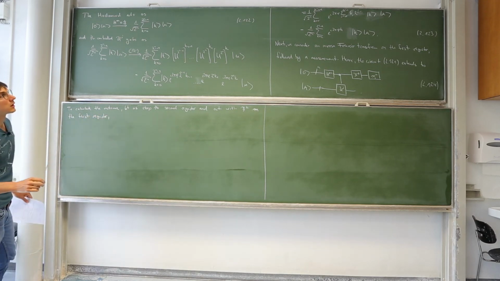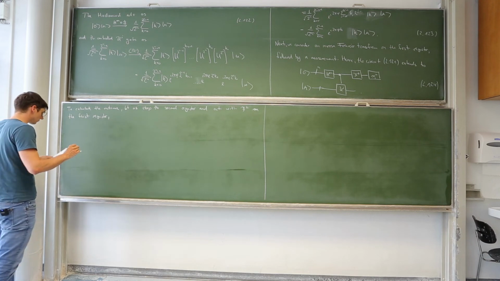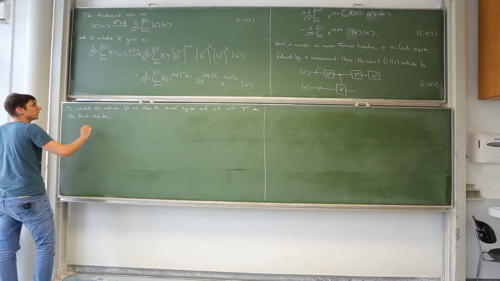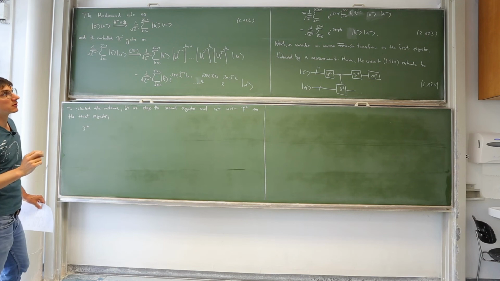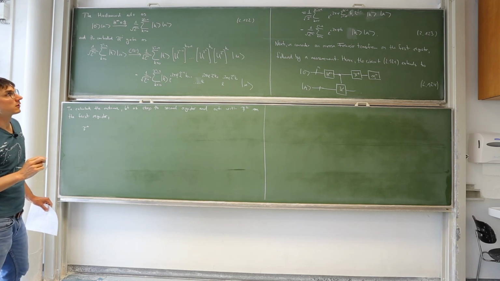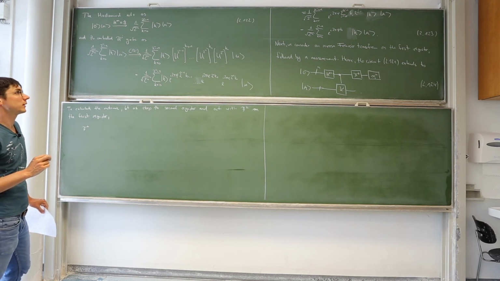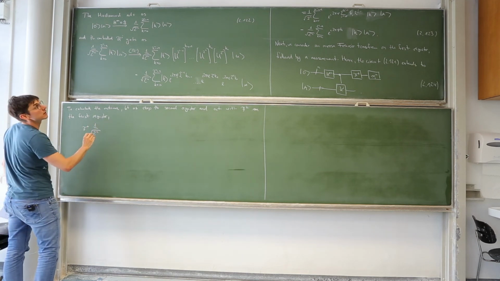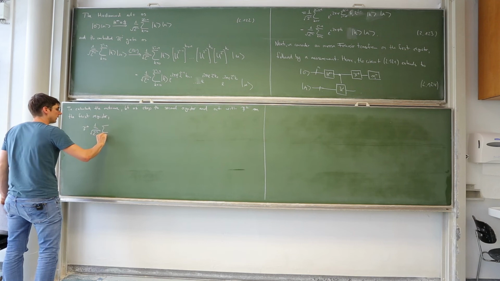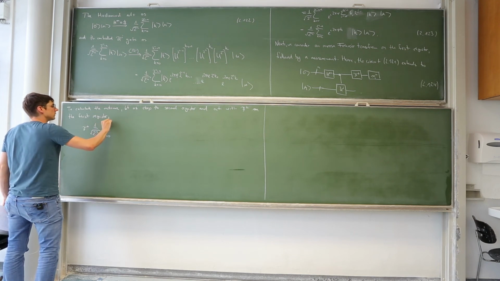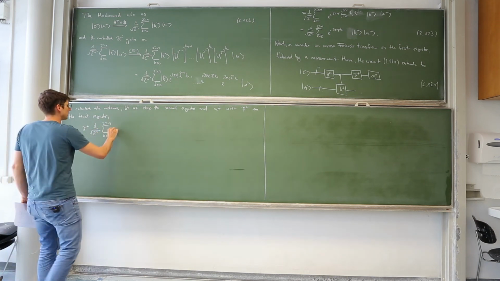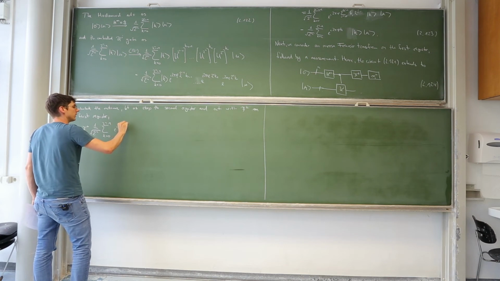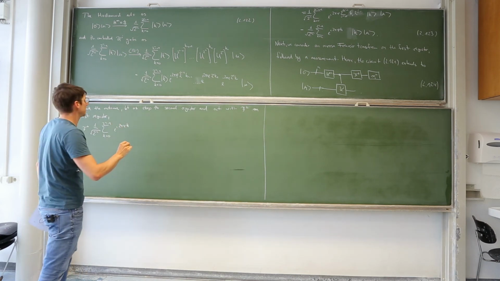So we have then the inverse Fourier transform acting on the first register of the state from before. So then it's 1 over 2^n, sum over k equals 0 to 2^n minus 1, e^(i 2 pi phi k), and then we have |k>.